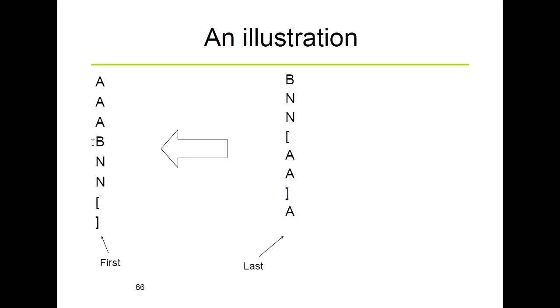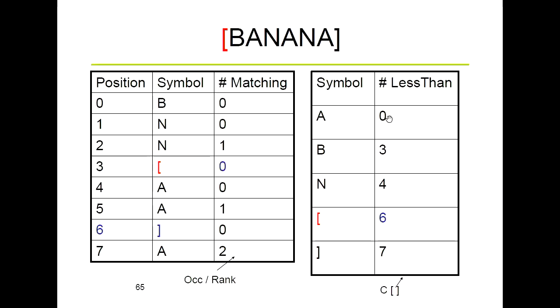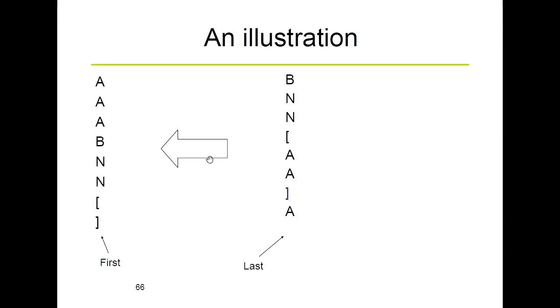B starts from the offset 3. So essentially, this actually captures the starting position of each alphabet in the first column. Agree? Good.